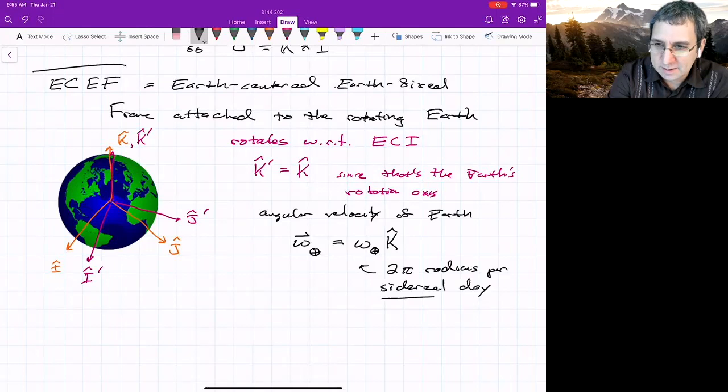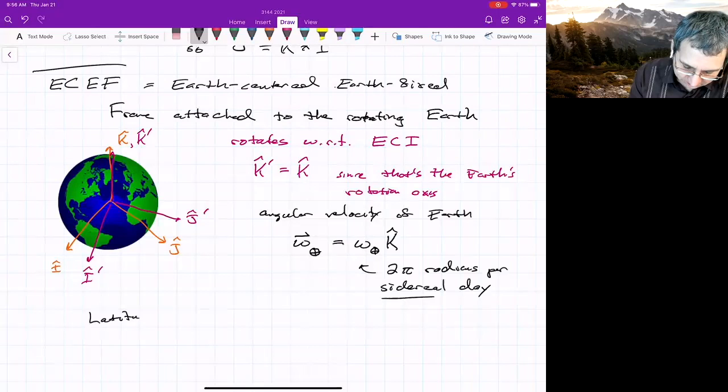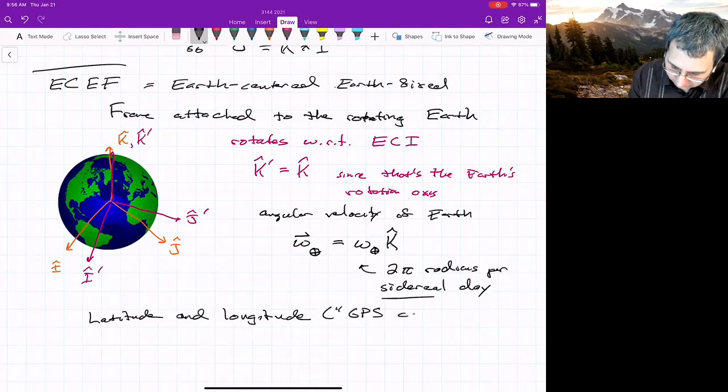All right, so you might be wondering, well, what's the I prime and J prime direction? They're just I prime and J prime. I mean, usually we've got coordinates that are attached to this frame that we're very comfortable with. Sometimes they're called GPS coordinates, but right, latitude and longitude. So latitude and longitude are attached to this frame.